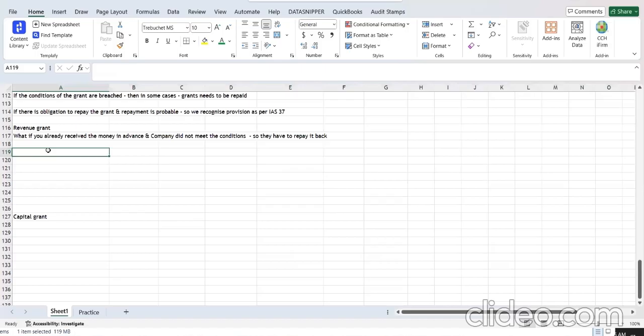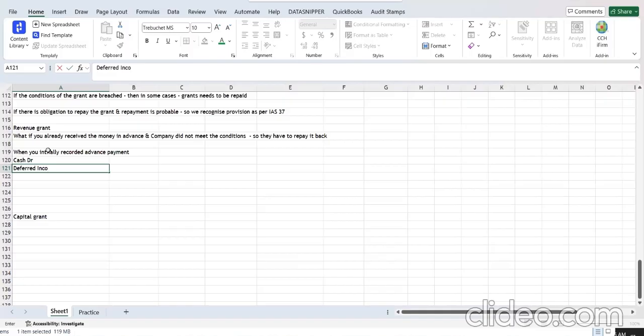So it means when you initially recorded the advance payment, you would have recorded cash debit, deferred income credit, because this is your liability you received in advance, right?